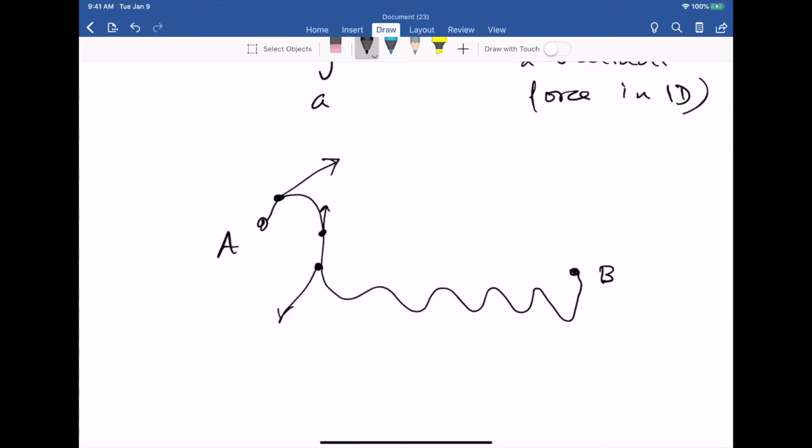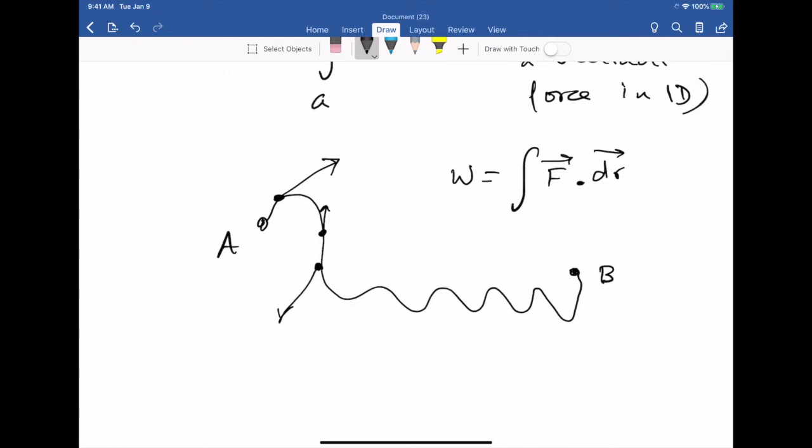How do you find the work done in a situation like this if the object is moving in 2 or 3 dimensions? The answer is you use something called a line integral, as I just mentioned. And it's written like this for those of you that are familiar with line integrals. It's f dot dr. So it looks similar to what we just did. But as I said, we are not going to get into the details of how to calculate line integrals.